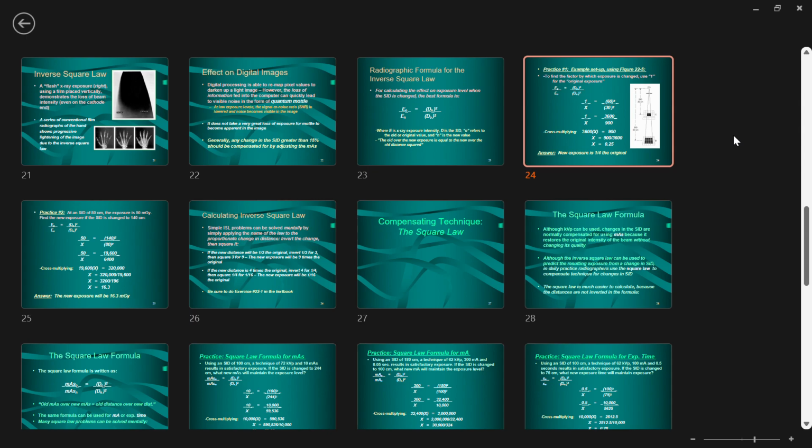So you guys try working it through, see what we get. 72 squared is 5184. 40 squared is 1600. 150 over x. Cross multiply. 1600 times 150 is 240,000.